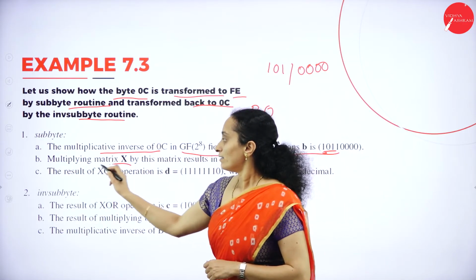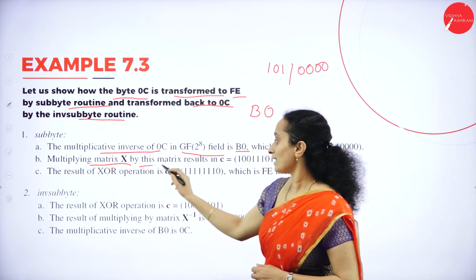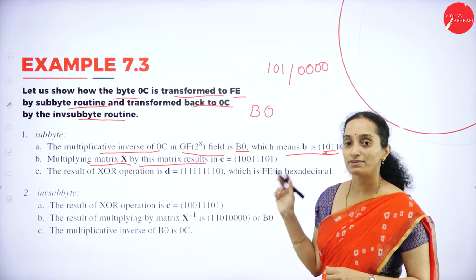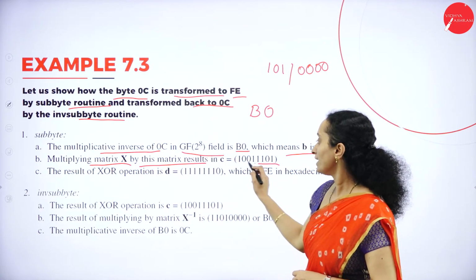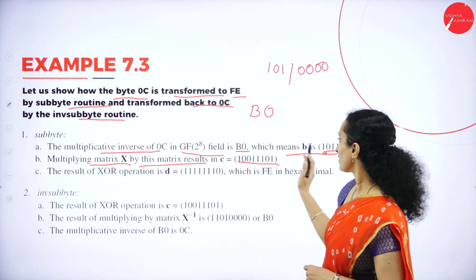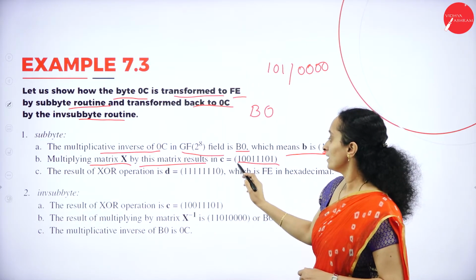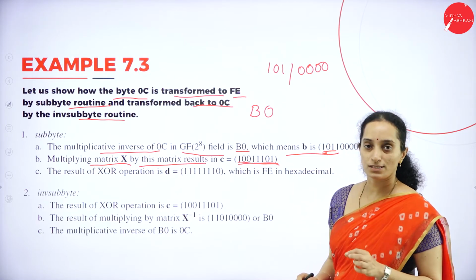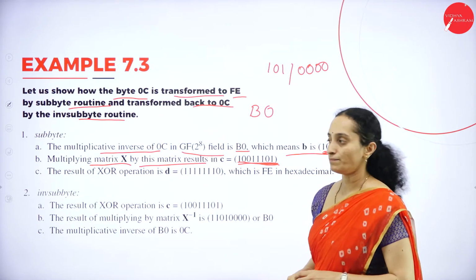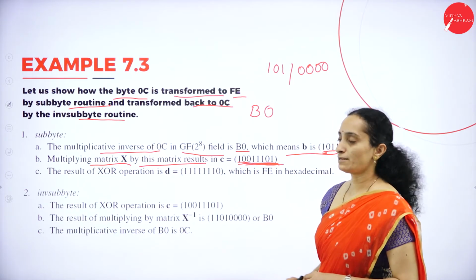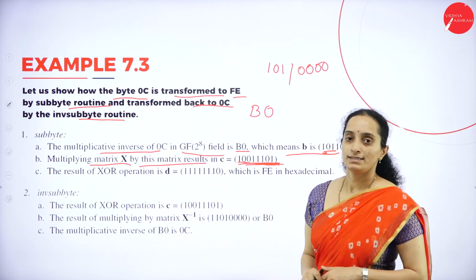Now, you'll get the matrix X. Multiplying matrix X by the matrix having the transformation table represented as a matrix results in C equals 0C, C equals 1001 and 1101. So we have the multiplicative inverse we use and find out the C value.